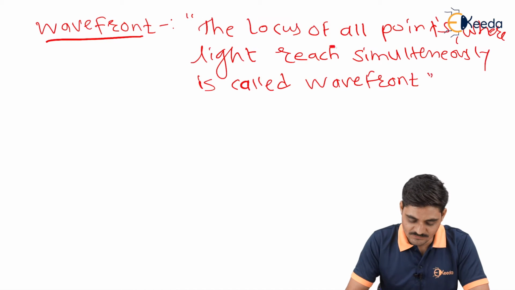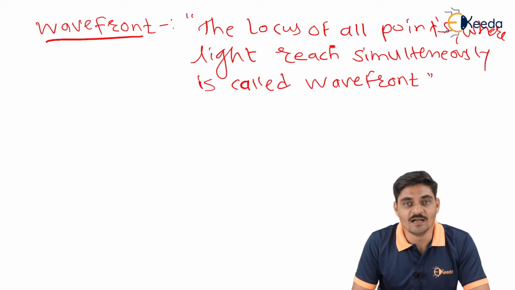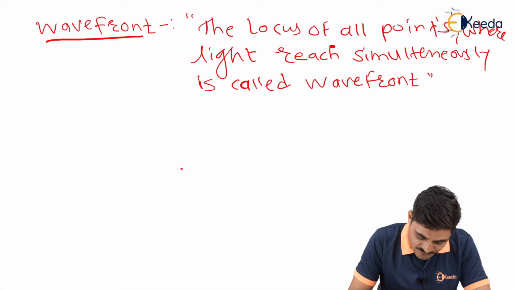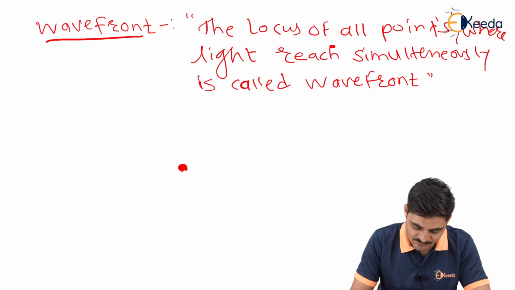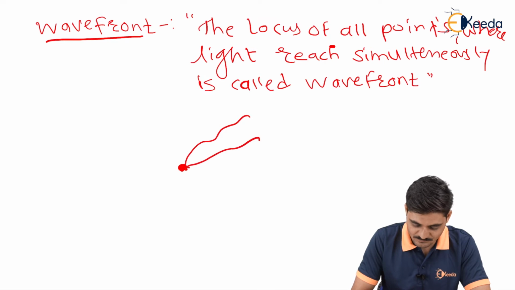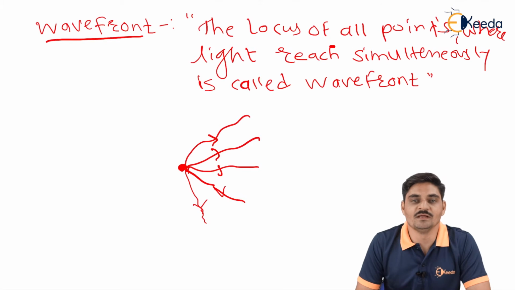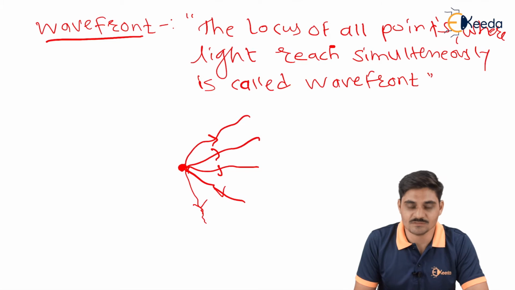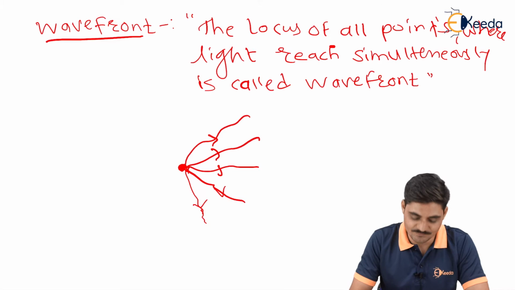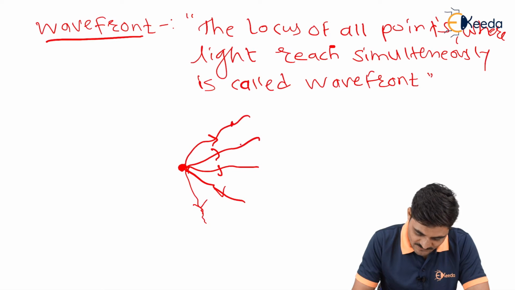Here we will try to understand the diagram and meaning of locus of points. Here if I have a point source which will try to emit light waves like this in these possible directions. Say I would take a small time t in which each of these light waves reach simultaneously at this, this, this and this point.